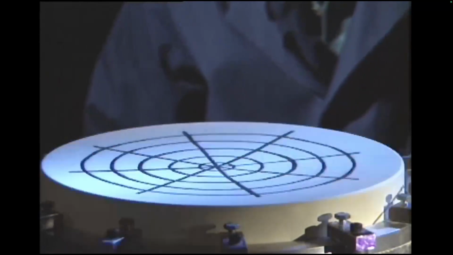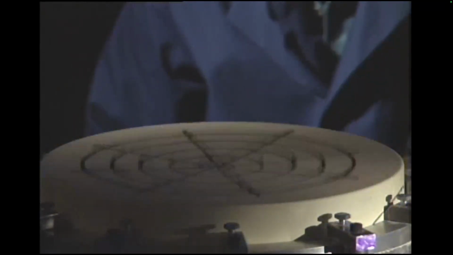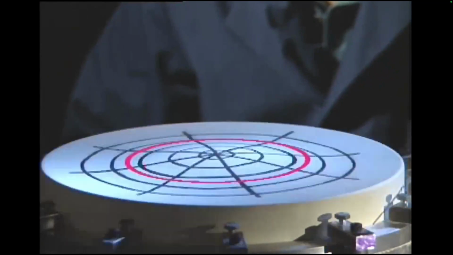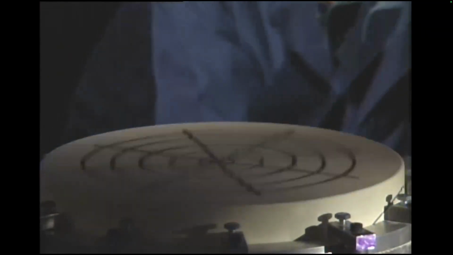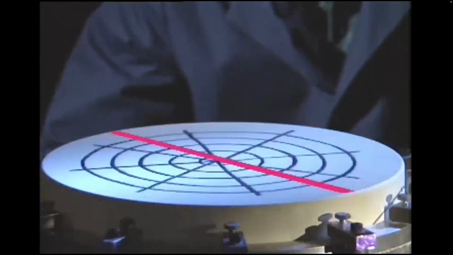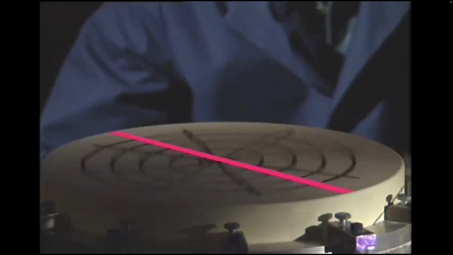Here is an oscillation at a higher frequency. Notice the circular nodal line. Here is a different type of oscillation with a nodal line running across the diameter.